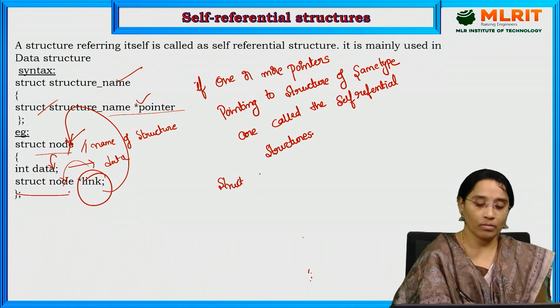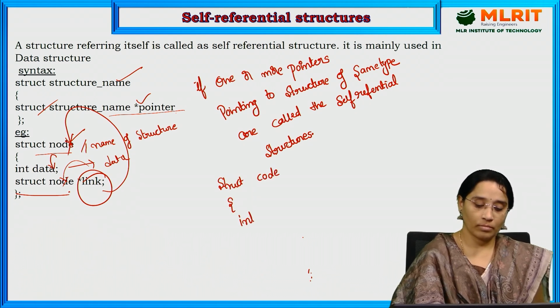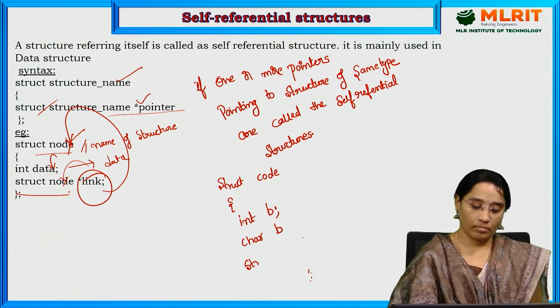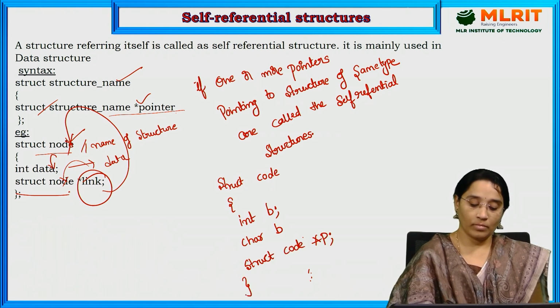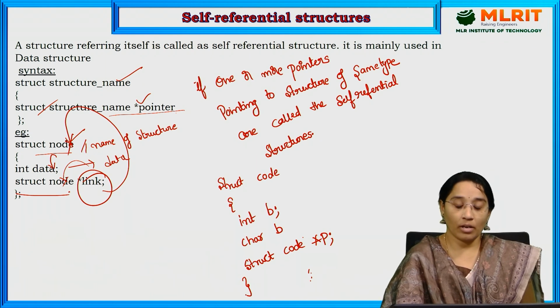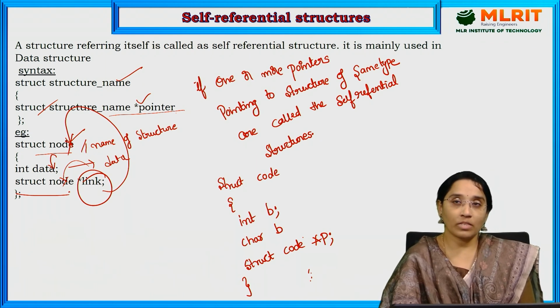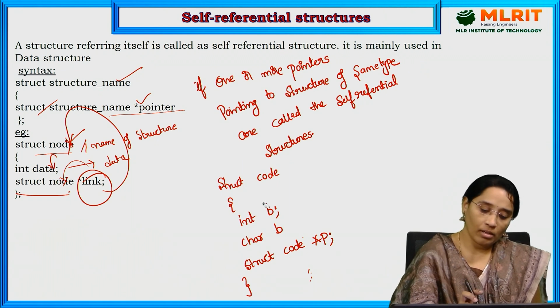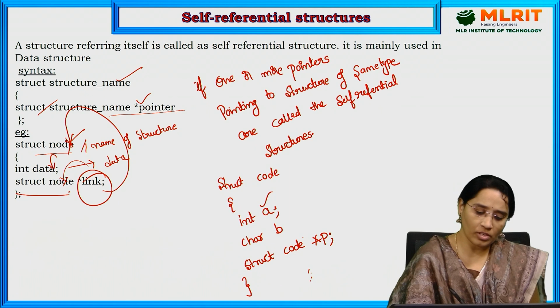Struct code. Okay, so this is one more structure I have declared here. What is the name of the structure? Code is the name of the structure. Int. So these are the members of the structure.